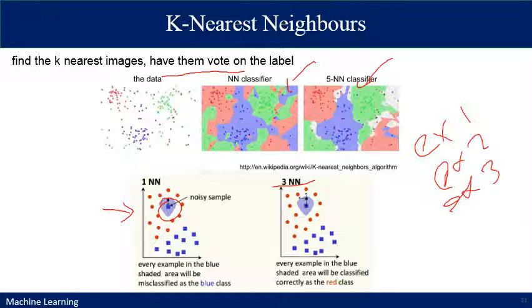We are classifying another example which is also in the shaded area, and we ask for the votes of the three nearest neighbors. As you can see, we have only one blue label and two orange labels. Therefore, we have two votes for orange and one vote for blue, so the examples in this area will be classified as orange.